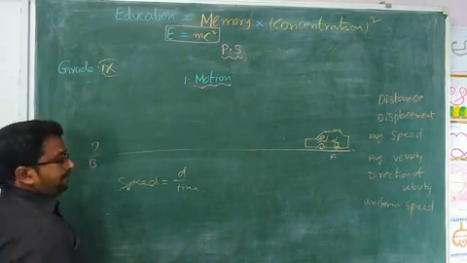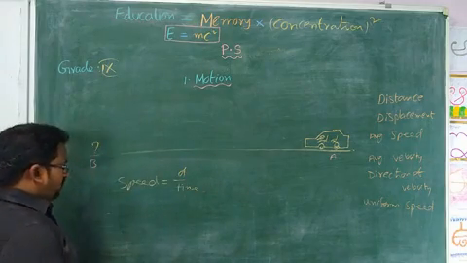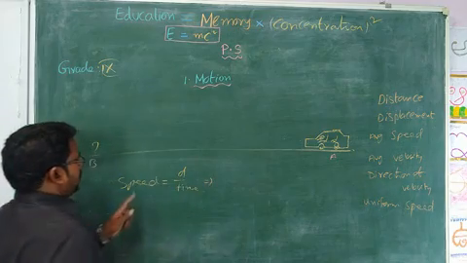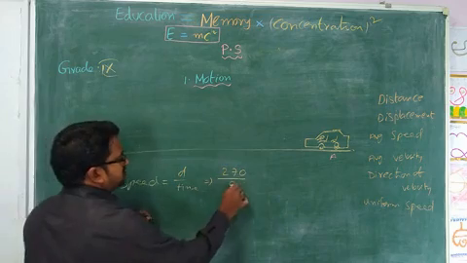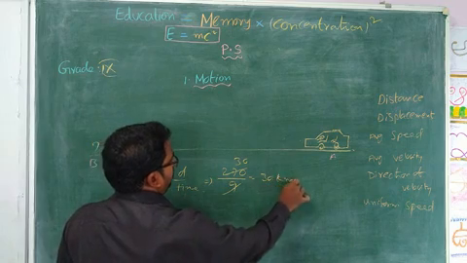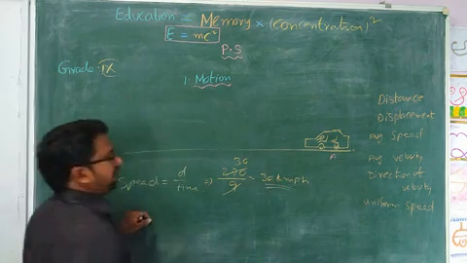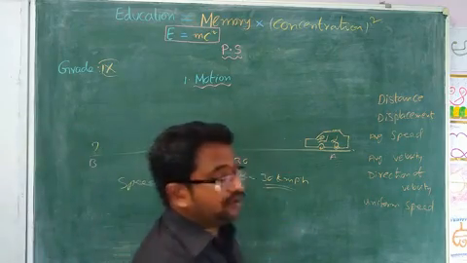Average speed: the total distance and the total time. The total distance is 270 divided by 9 hours, which is 30 kilometers per hour, the average speed of the car.